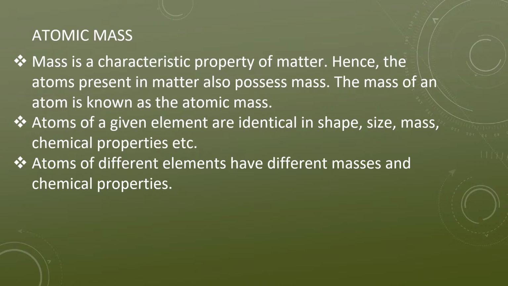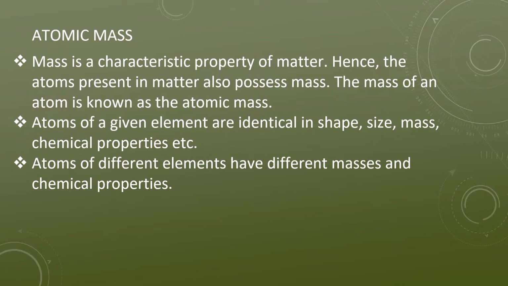Now you see, the atoms of any same element, like hydrogen atoms, let's talk about two hydrogen atoms. Two hydrogen atoms will have the same shape, the same size, the same chemical property, and the same mass. But if you take two different elements, like hydrogen in one hand and oxygen in another hand, and compare them, then you will find a different mass, and their chemical properties will be different.